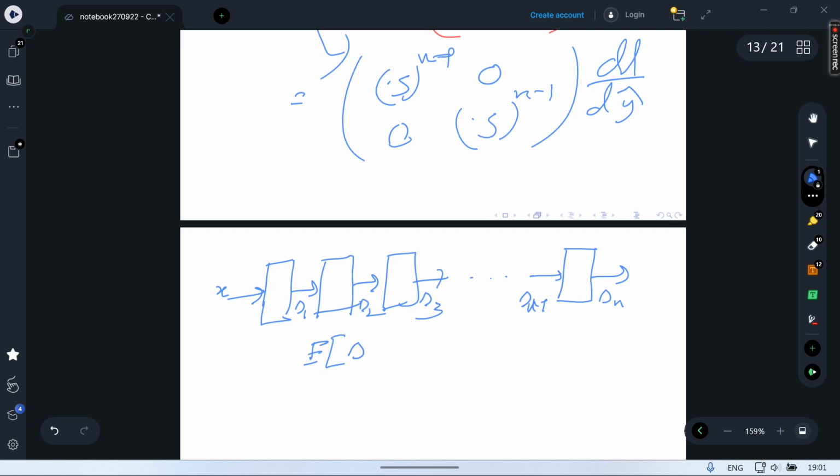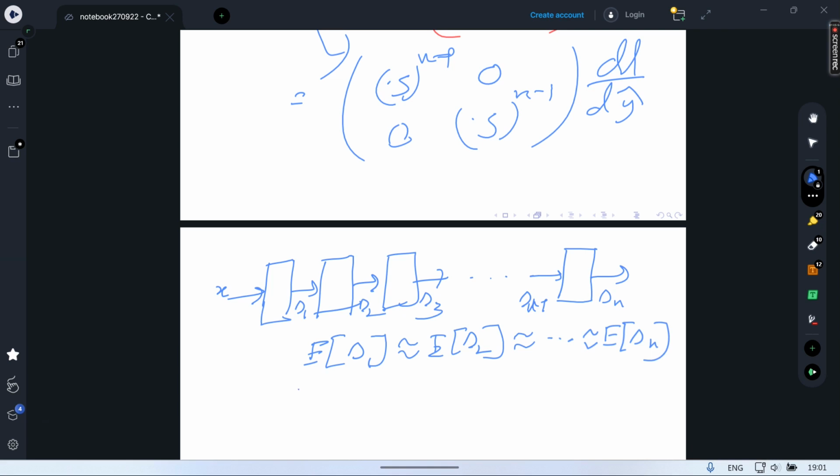So S1 remains almost the same, S2 remains the same, and so on. Their expectation remains almost the same, and similarly their variance should also remain the same. So you have to ensure that they are initialized such that this holds.